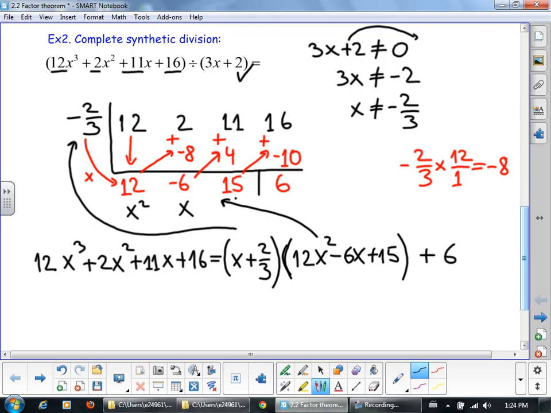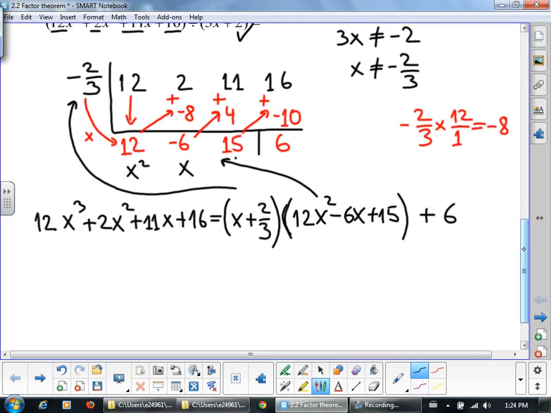So what we have to do in this type of question is we're going to adjust this factor by using some other values. If you look at our answer, 12x squared minus 6x plus 15, they actually have a common factor.